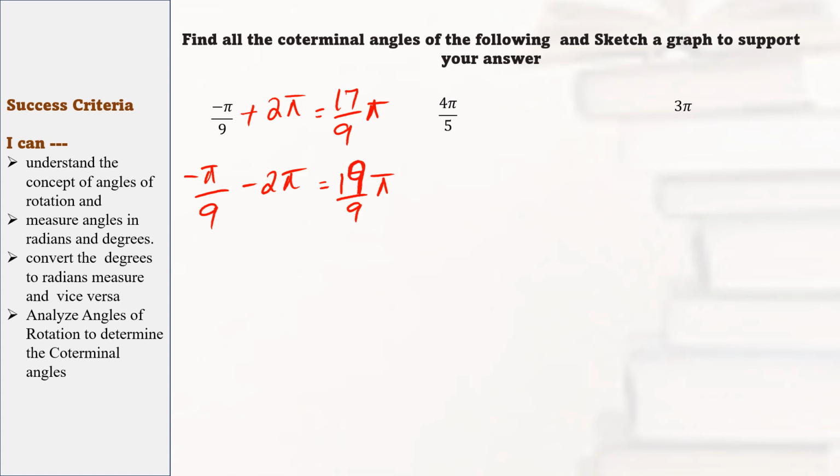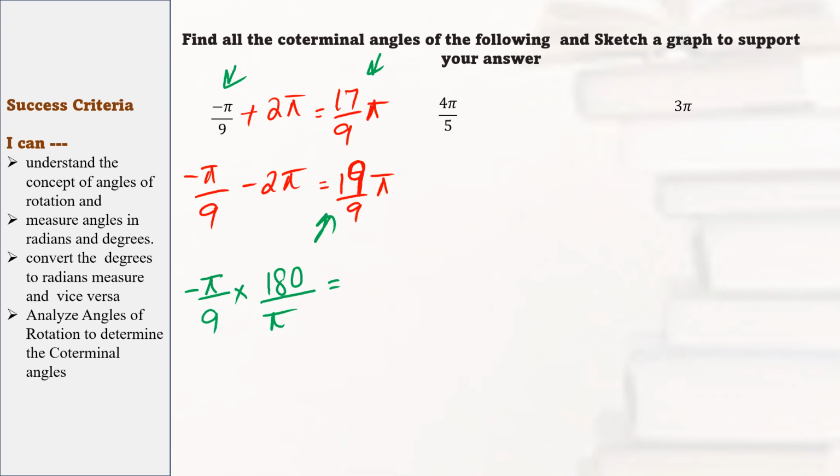Right now, as a student, I cannot figure out which angle is negative pi over 9, which angle is this one, and which angle is this one. So to understand this, I will simply convert it into degrees. In order to convert it into degrees, I will multiply by 180 over pi.